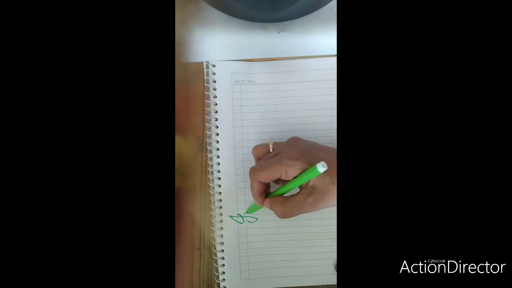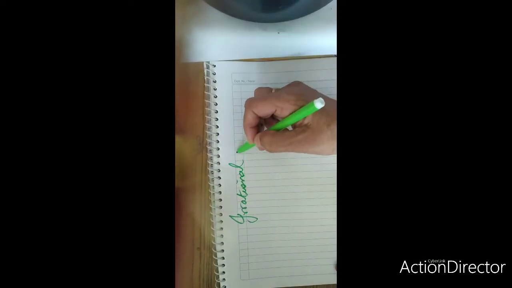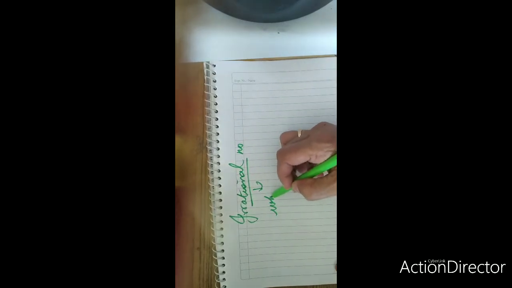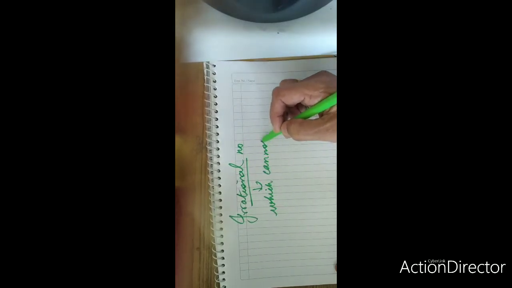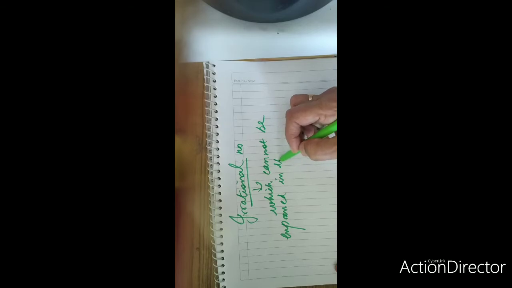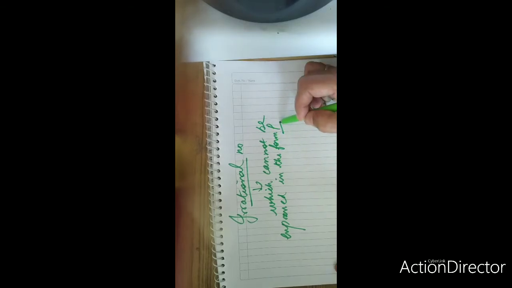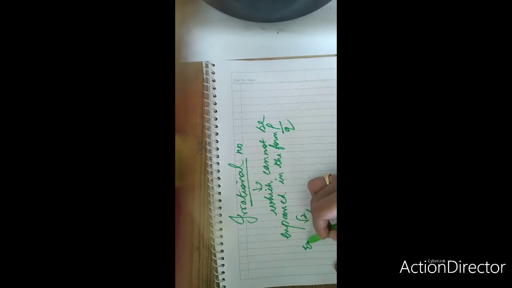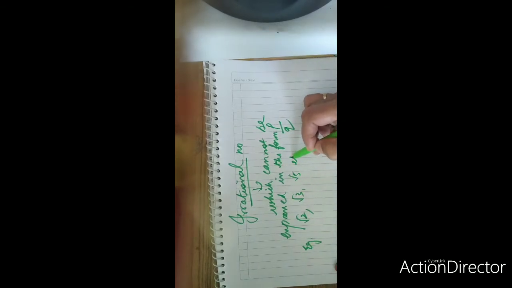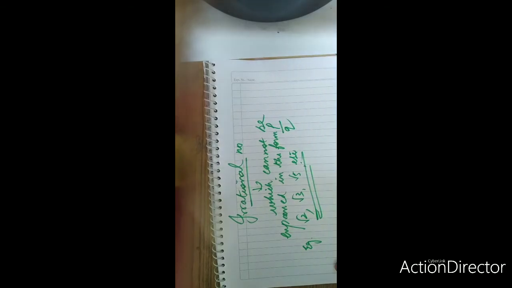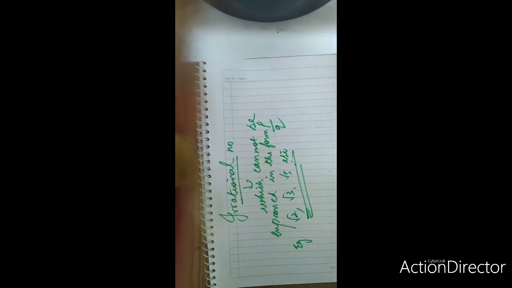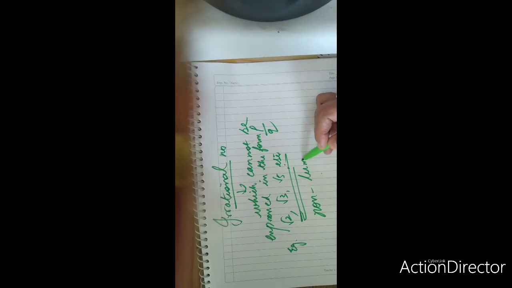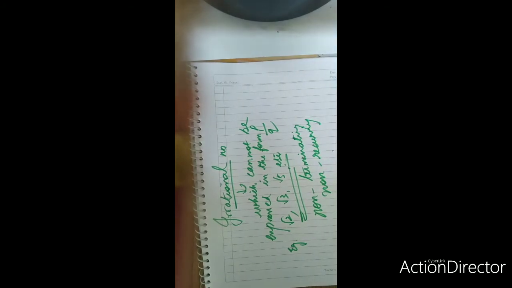What do you mean by irrational number? The number which cannot be expressed in the form of P upon Q. For example, root 2, root 3, root 5, etc. These numbers cannot be expressed in the form of P upon Q and they are non-terminating and non-recurring also, never repeating.